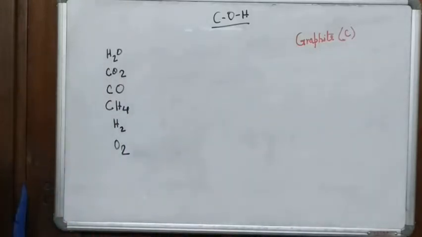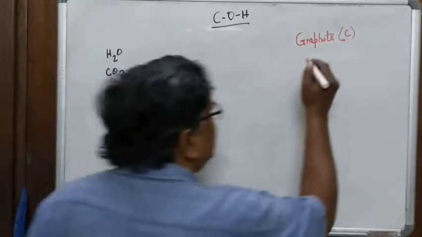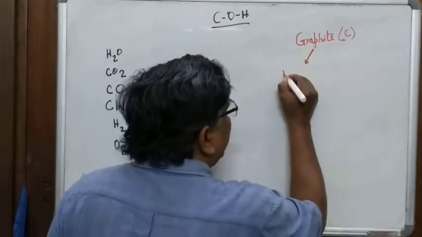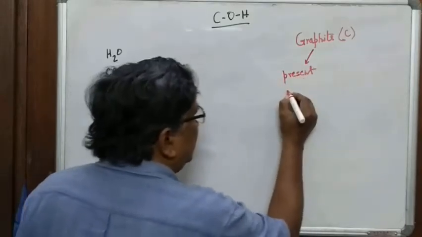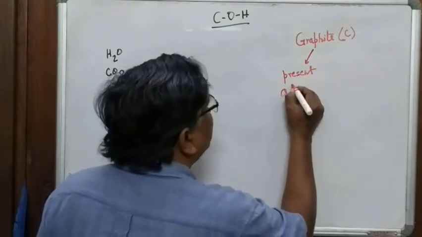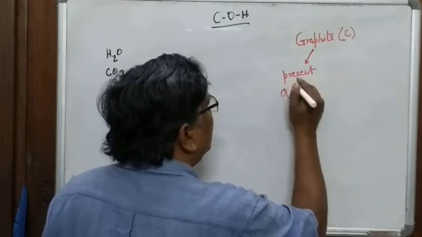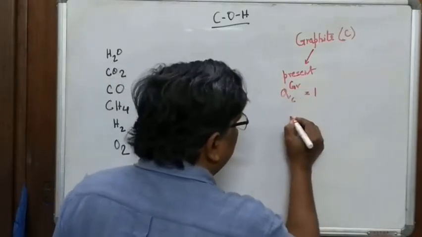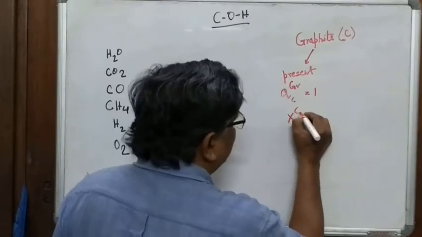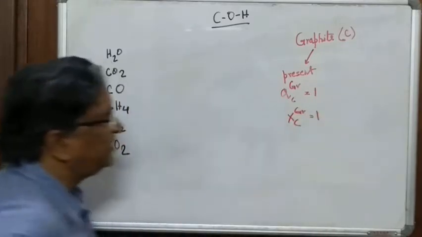Right. So when you say you can have two situations, graphite present, which would mean activity of carbon in graphite is equal to 1, or ideal writing is equal to 1.